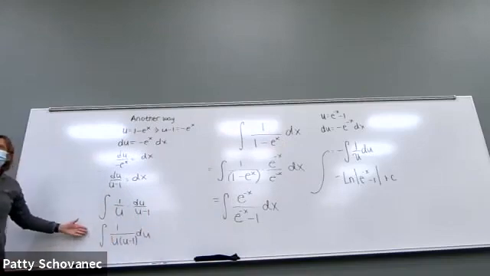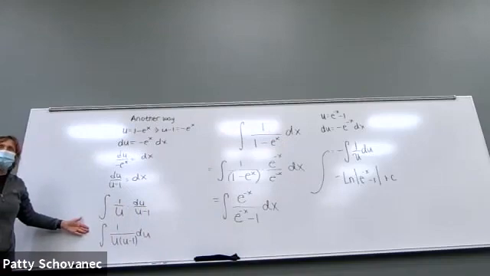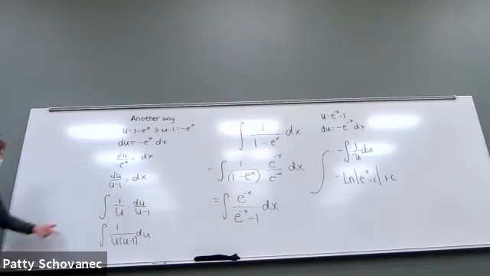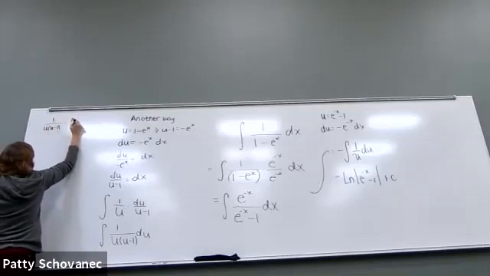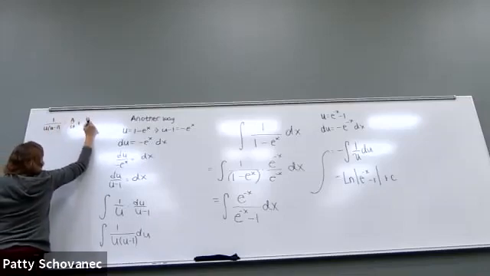And now this is a partial fractions type integral. We find the two fractions that add together to give us this one, and then we can integrate the individual fractions. So by partial fractions, 1 over u times u minus 1 is A over u plus B over u minus 1.